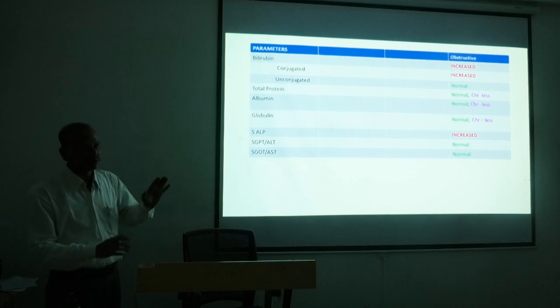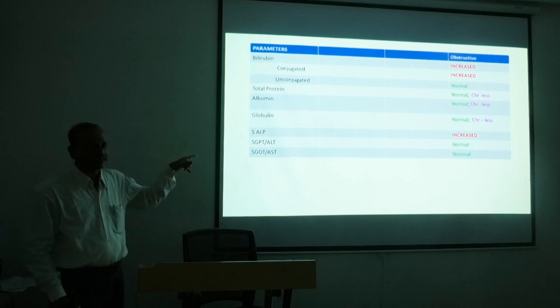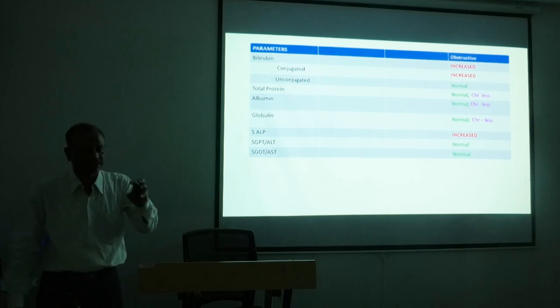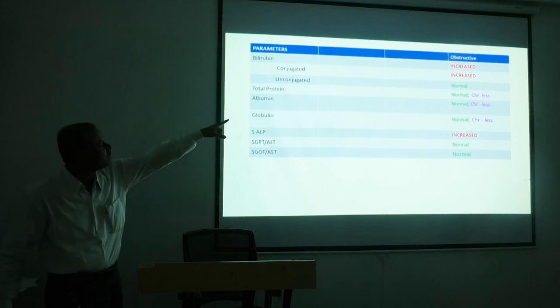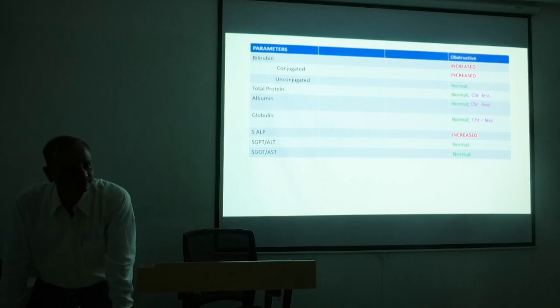But in obstructive jaundice, usually the figures are very high, and the characteristic enzyme elevation will be ALP. If isolated ALP elevation is there along with conjugated hyperbilirubinemia, that means this is an obstruction. There is no need for examination of the patient.